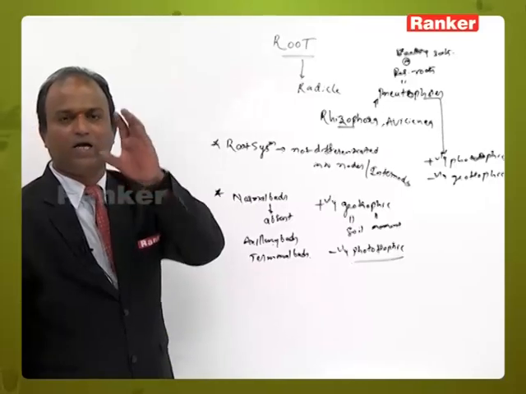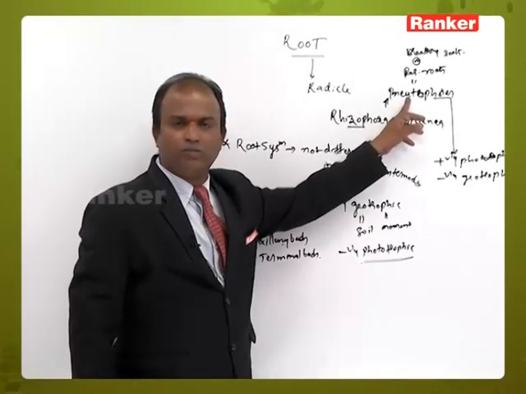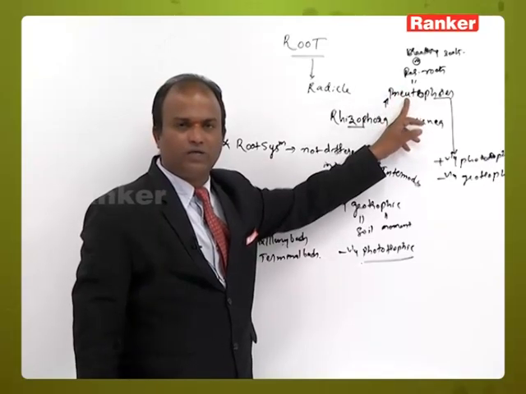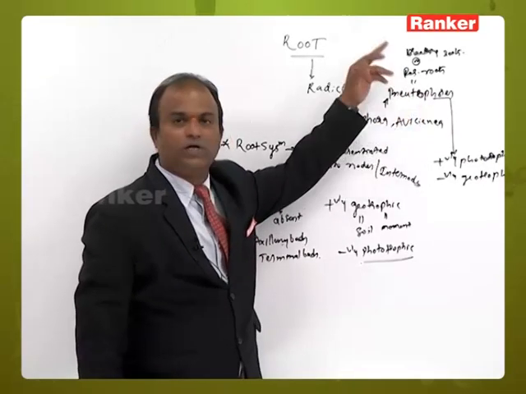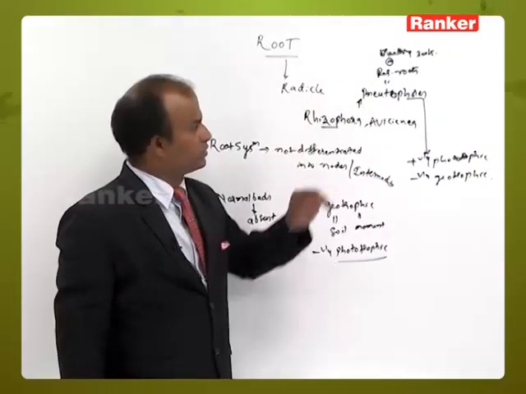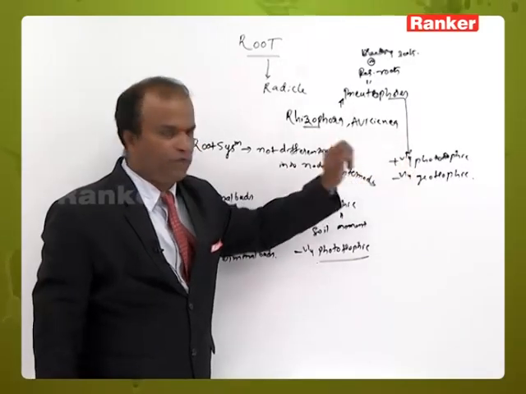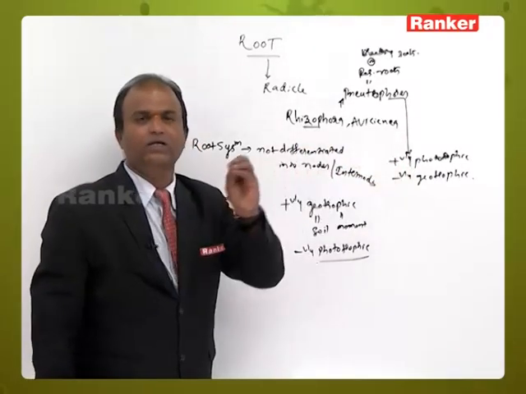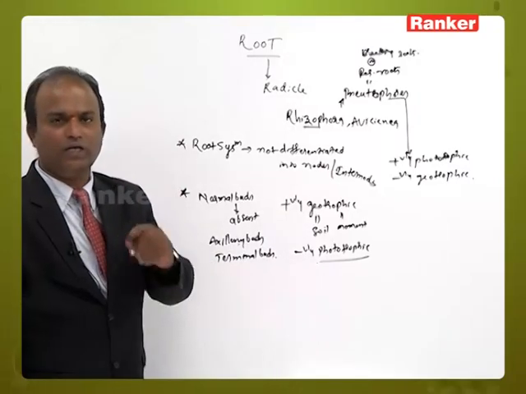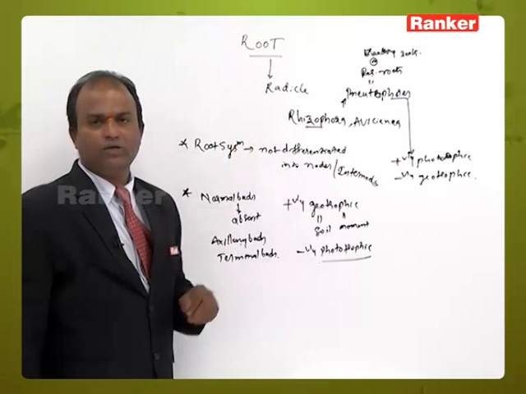In some plants like Rhizophora and Avicennia, there is a root modification, pneumatophores, the respiratory or breathing roots, which grow positively phototropic and negatively geotropic. This is another characteristic feature of the root system.